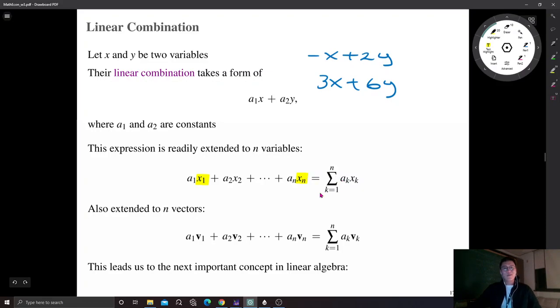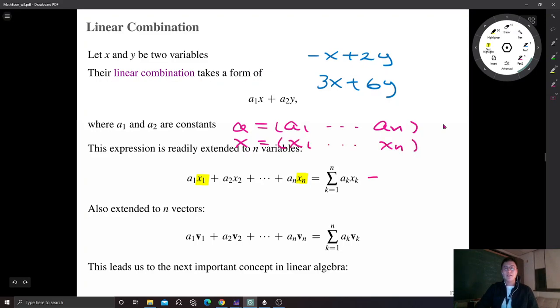We've seen this expression before. That is a dot product, right? If we define vector a as a sub 1 to a sub n, and vector x as x sub 1 to x sub n, the linear combination is nothing but the dot product of a and x.